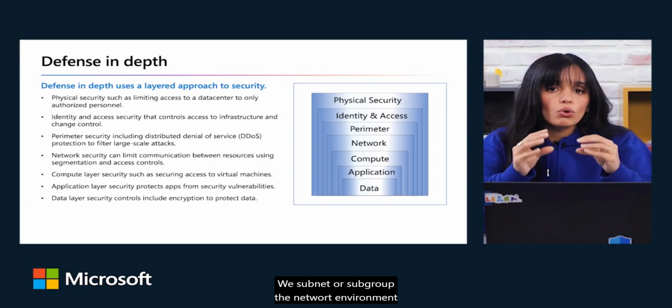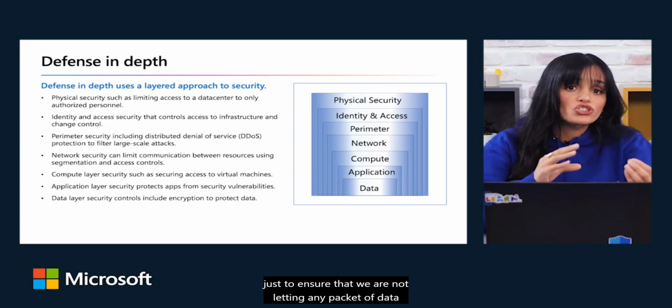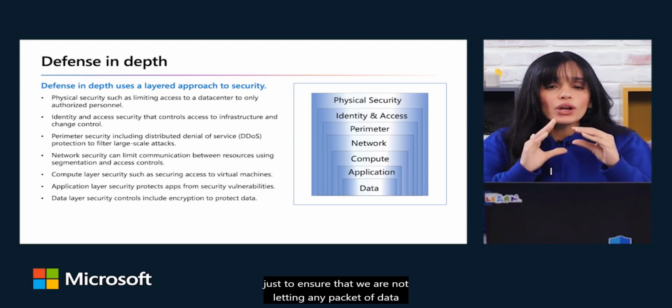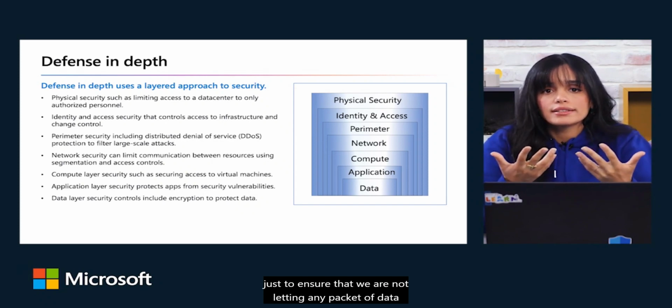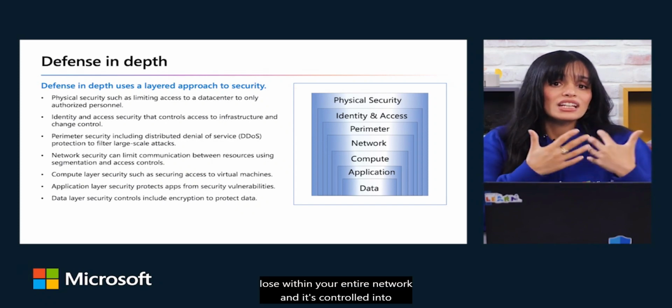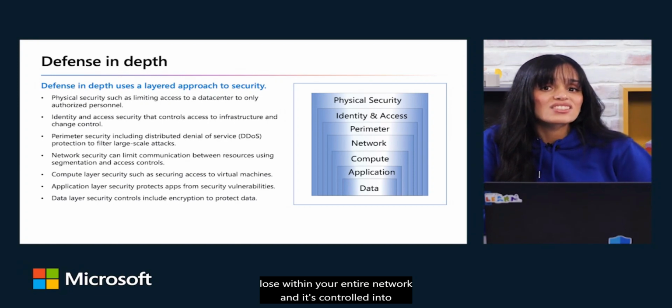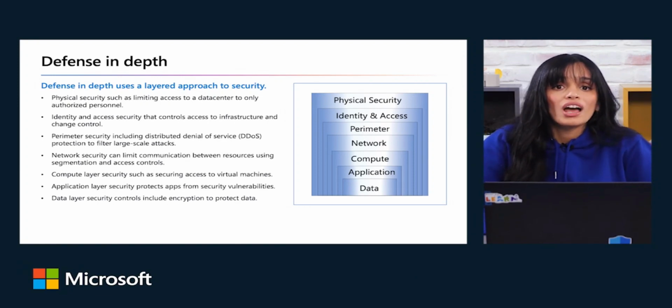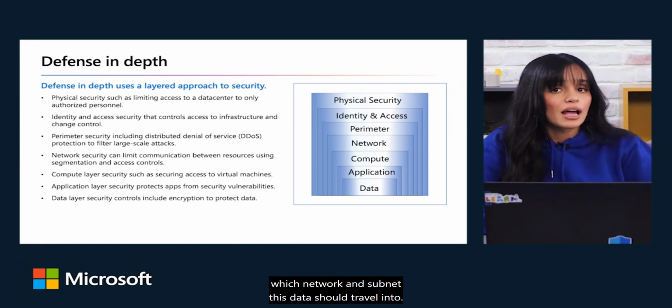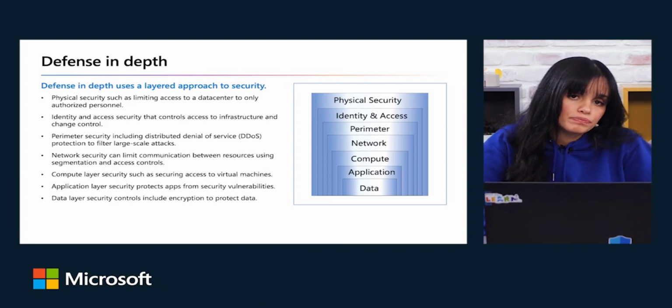We subnet or subgroup the network environment just to ensure that we are not letting any packet of data loose within your entire network, and it's controlled into which network and subnet this data should travel into.